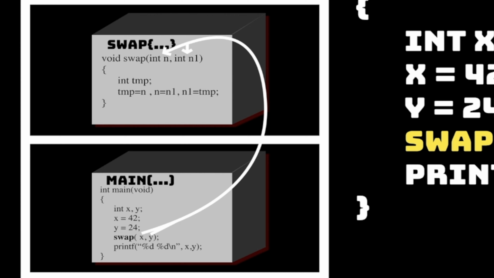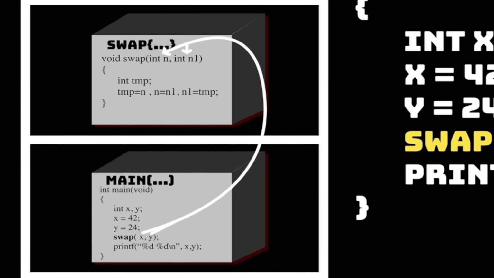You see that the main function is clearly isolated from the swap function. They can communicate only through arguments, in this case, x and y. So inside the swap function, the arguments n and n1 are just, as I said, mere copies. So as you surely know, x and y are not n and n1.